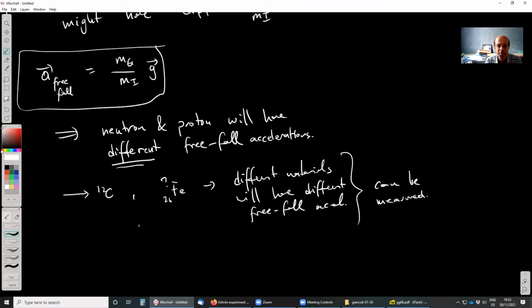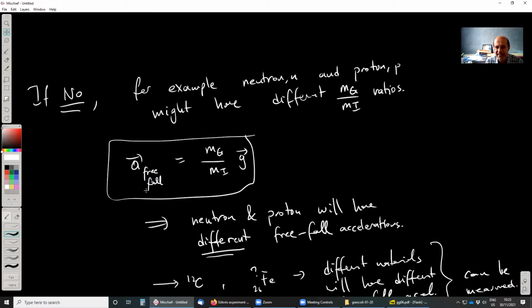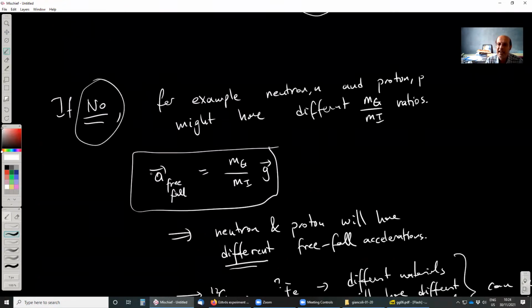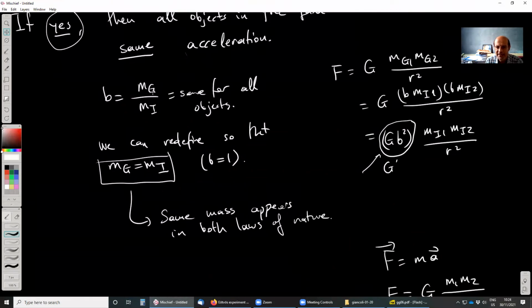In any case, it appears that this is not the case. It appears that they are not different. All objects have the same free fall acceleration, it appears.